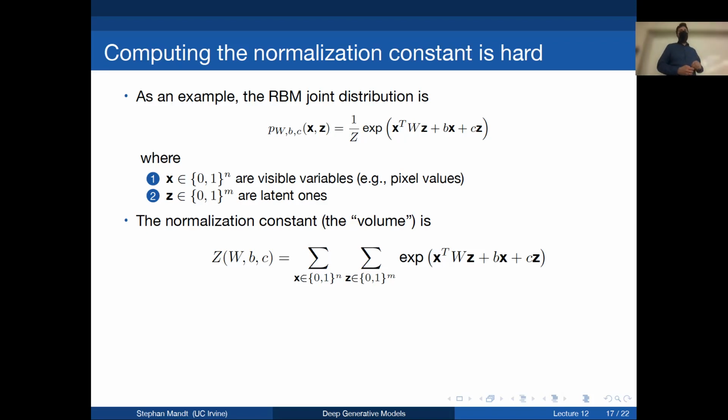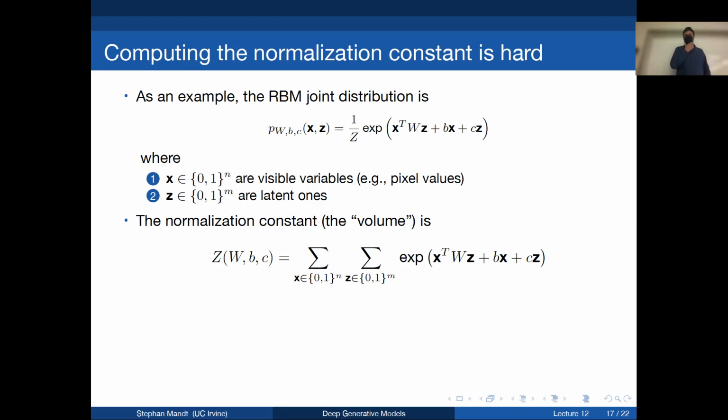Let's actually consider the restricted Boltzmann machine example once more. Again, here's the expression as an energy-based model involving that particular energy where no x and z are paired, where no x and x coordinates are paired and no z and z coordinates are paired. And again, x are the visible variables and z are these latent variables. It turns out then that in this case, both x and z are discrete.